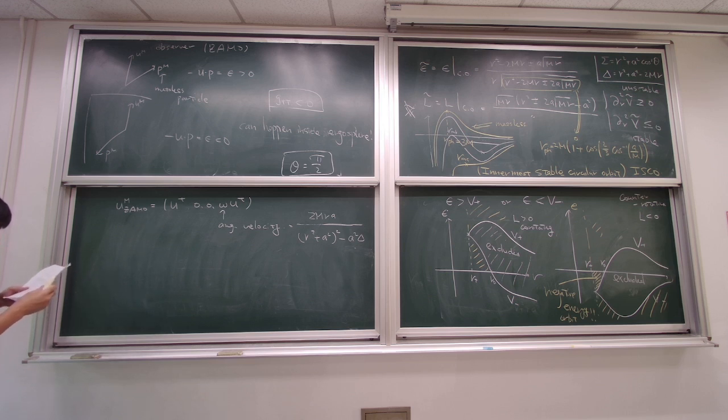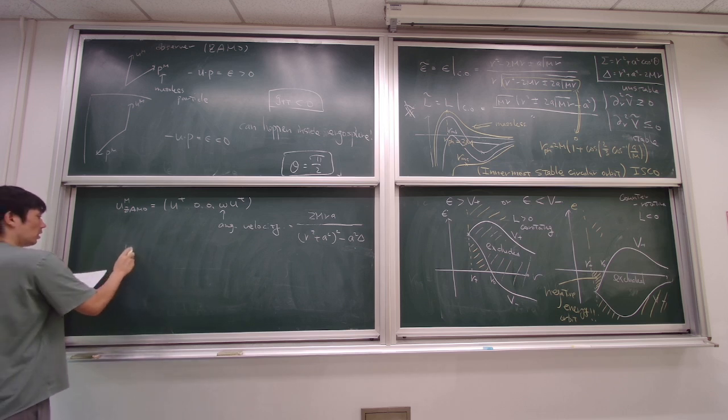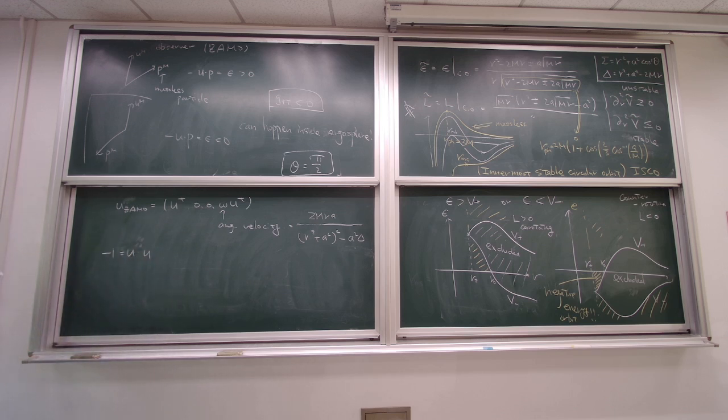And to do that, we need U^t. So U·U is equal to -1, since it's the observer and should be time-like.